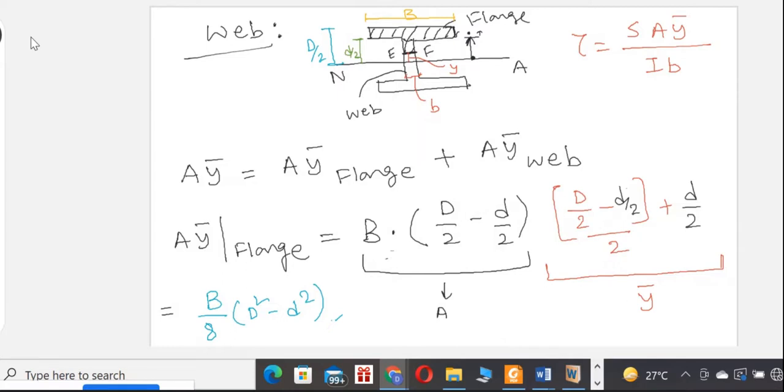It's better to do it here. You can calculate. I am just rearranging this part.